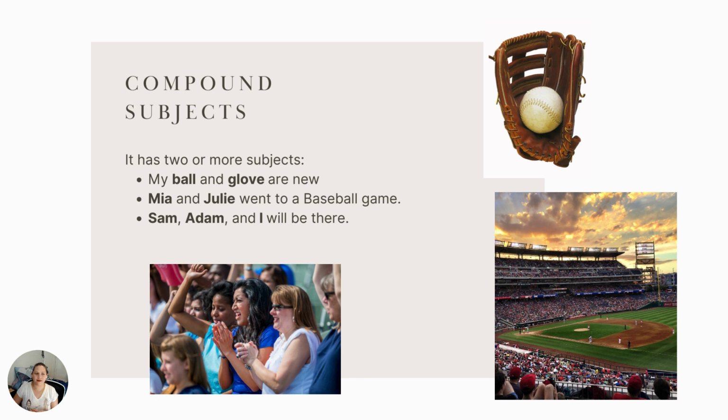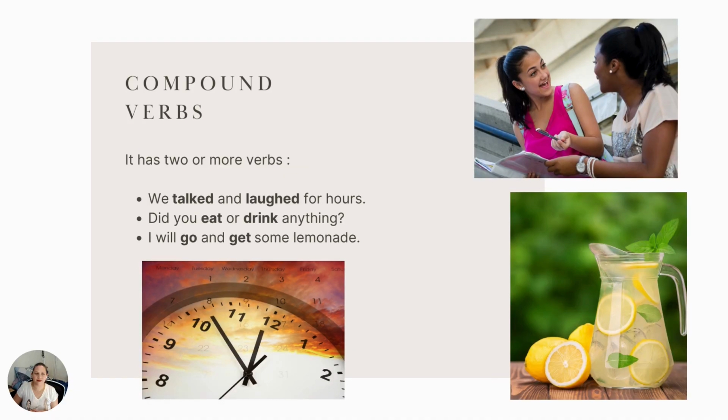You can also have compound verbs, meaning you can have more than one verb within a simple sentence. So in this case, I put: we talked and laughed for hours.